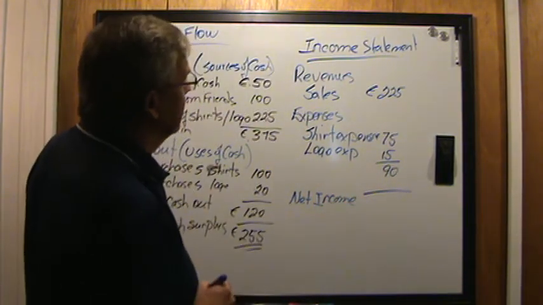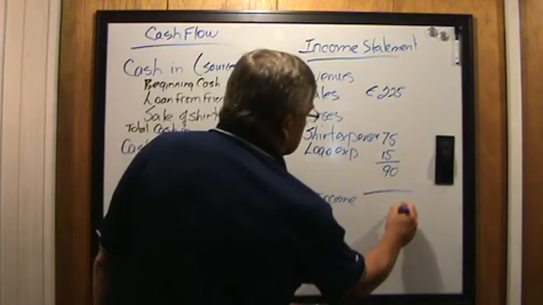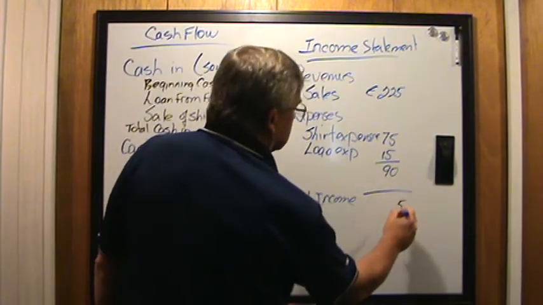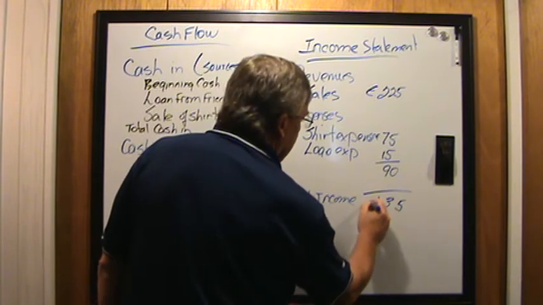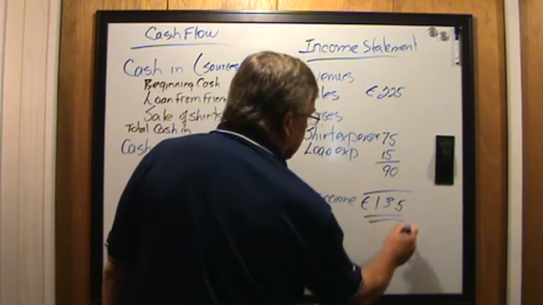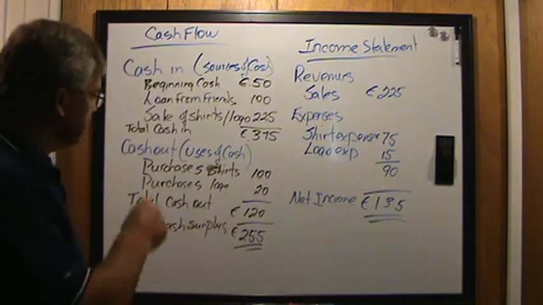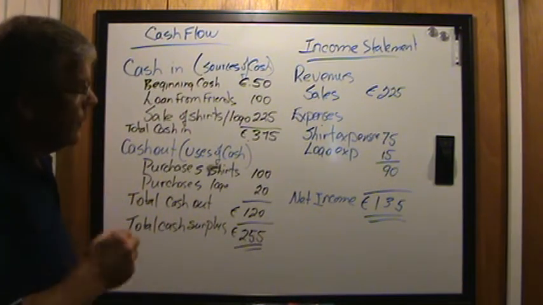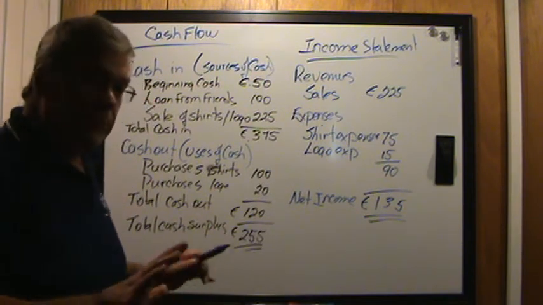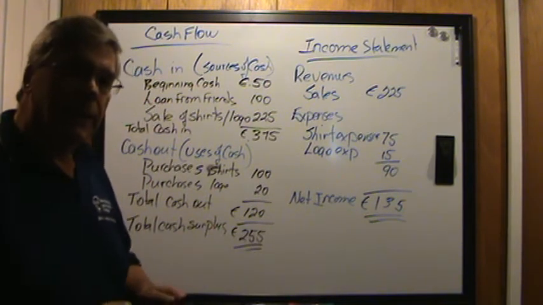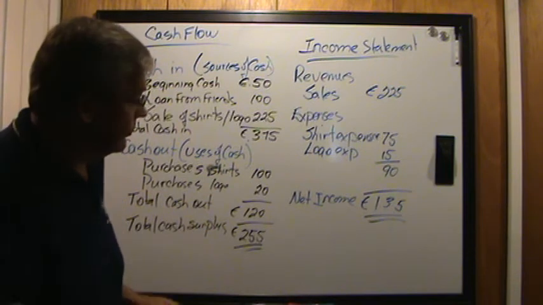Okay, so net income is €135, and again a double underline. All right. Now, with this information, we can calculate the balance sheet, which is slightly different.